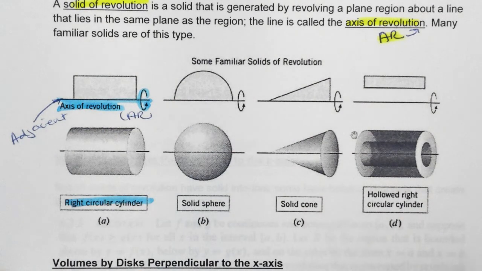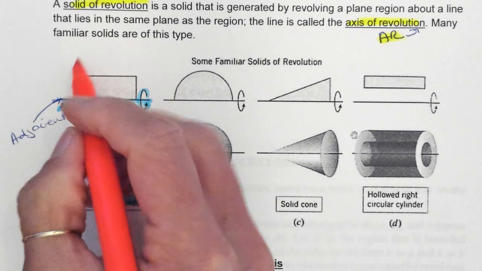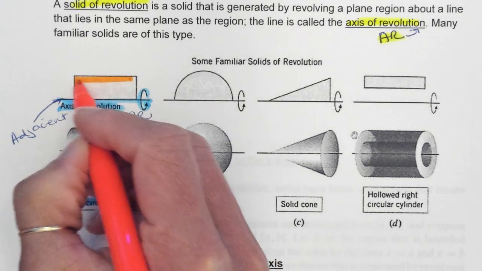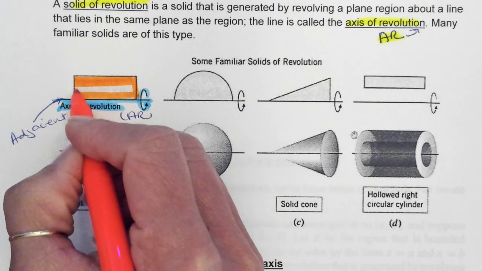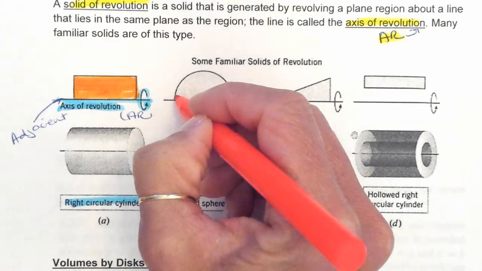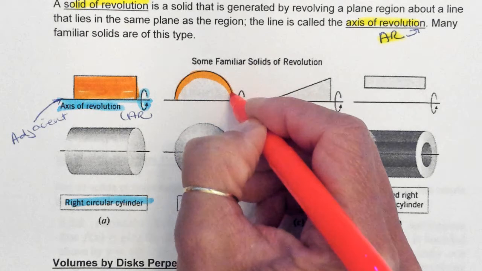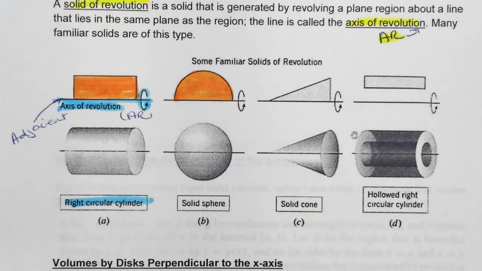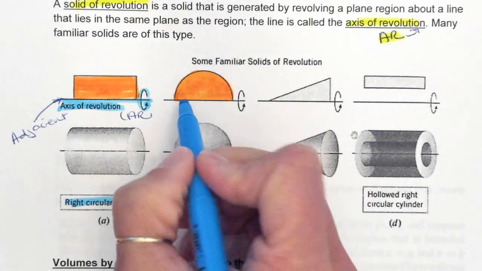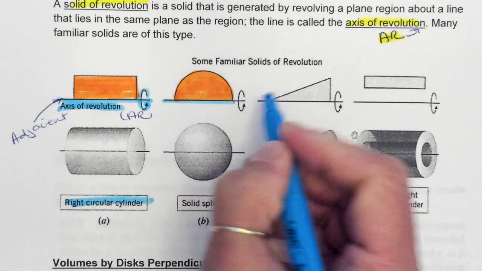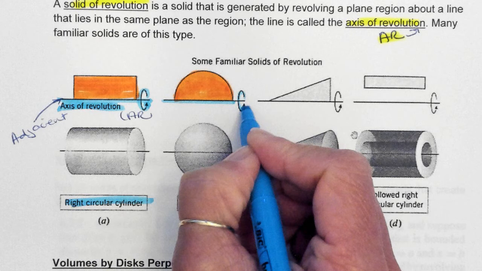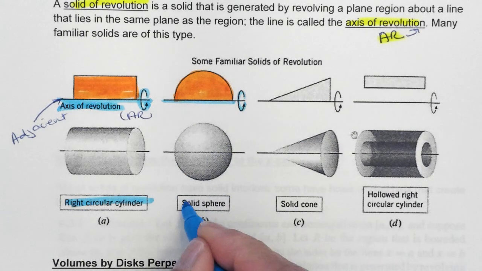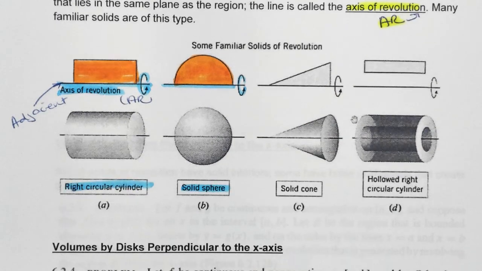So here we have a semicircle, and in this case the semicircle will be revolved around the axis of revolution. Here's my semicircle like this. If you notice again, your semicircle is adjacent, meaning it is touching the axis of revolution, and we are going to revolve it around, and that gives us a solid sphere. So that will be totally and completely solid.